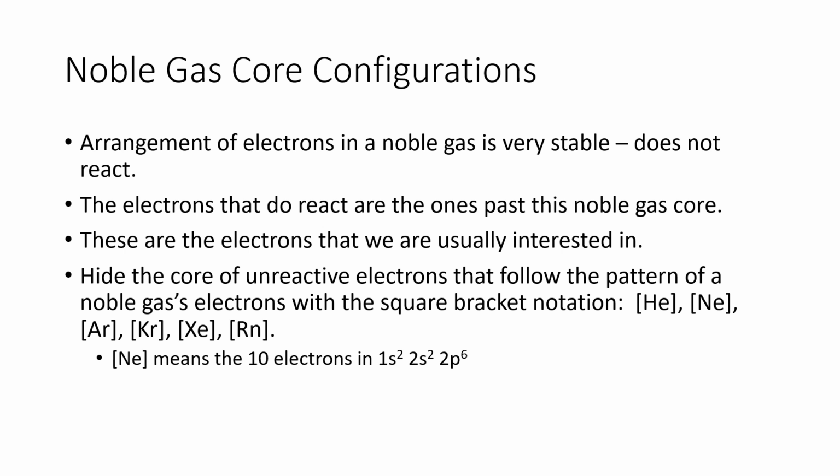So, for instance, if we were to put neon in square brackets, so Ne in square brackets, that means 1s2, 2s2, 2p6, because that's the arrangement that the electrons follow in neon. Now, that's not saying that there's an atom of neon hidden within some other atom. All we're doing is saying that we have 10 electrons that are arranged in that pattern, which matches the pattern of the electrons in neon.